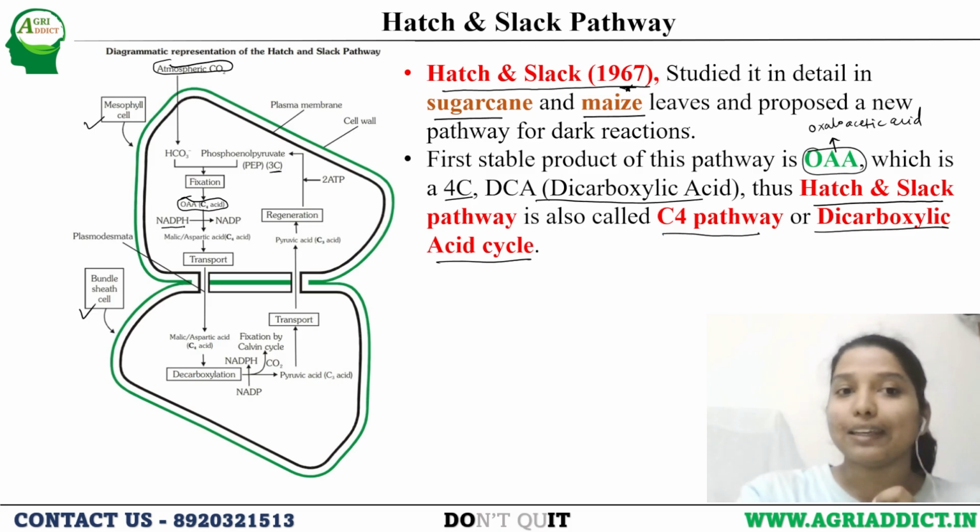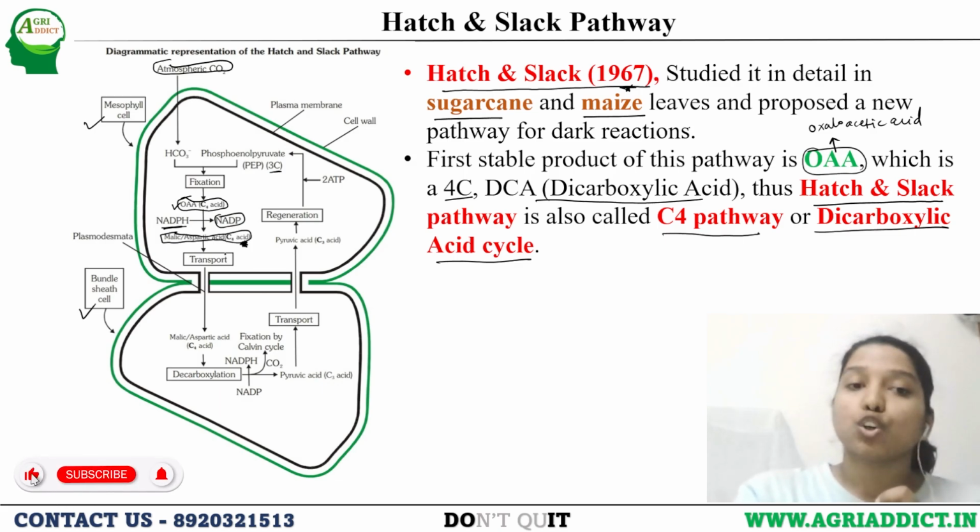Now one NADPH, which is the product of the light reaction we studied in the second lecture, so this energy is used, which is getting converted into NADP. Now by using this energy, this oxaloacetic acid is getting converted into malic acid and aspartic acid, which is also a C4 compound, means a 4 carbon compound.